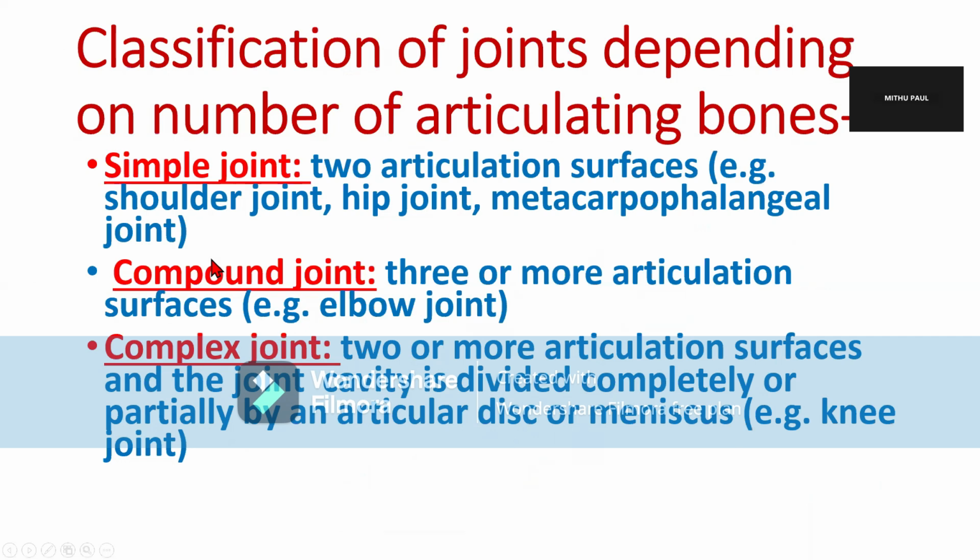Compound when the participating bone numbers are more than two. Complex is another variety, not directly connected to this number part, but here the joint cavity is divided partially or completely. It is a complete division by an intervening articular disc, and an incomplete division of the cavity via a meniscus.